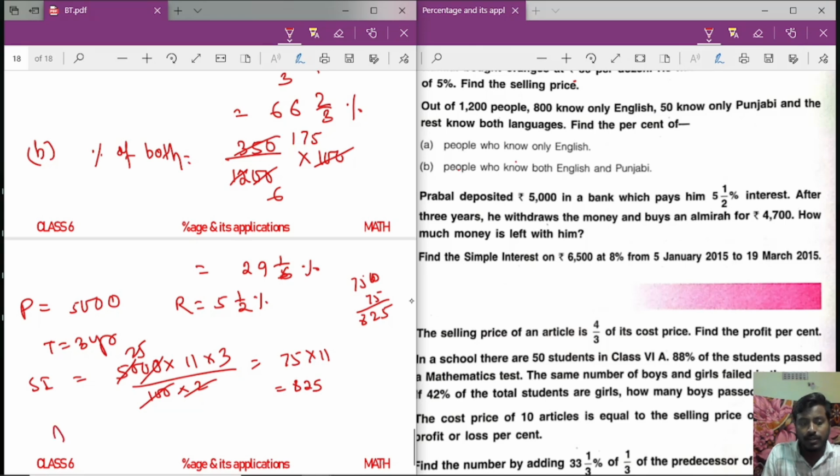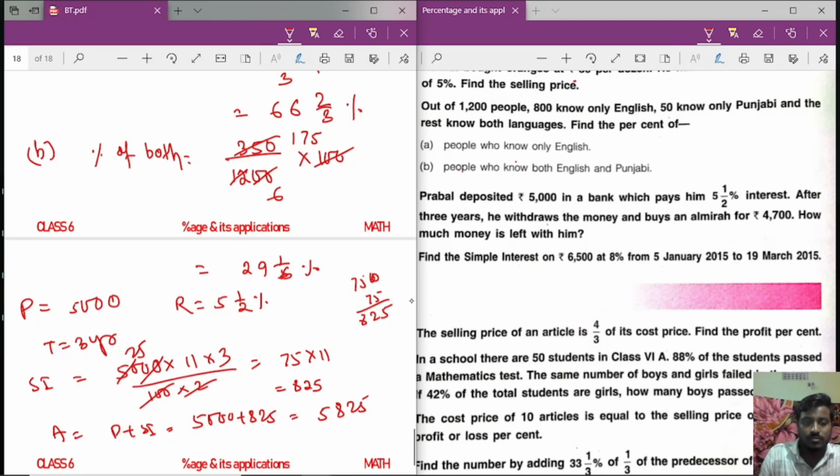Okay. Now find the amount. Amount equals P plus SI, equals 5000 plus 825, that is 5,825. So Prabal has 5,825 in her bank account, but he withdraws the money and buys an almirah for 4,700.